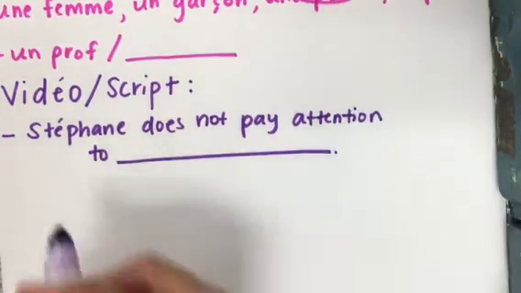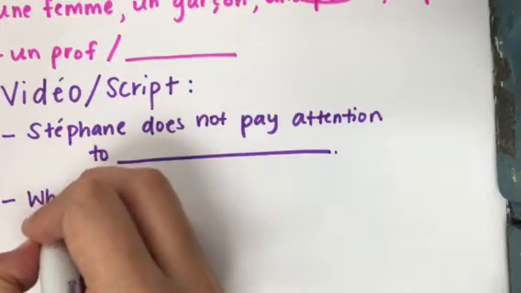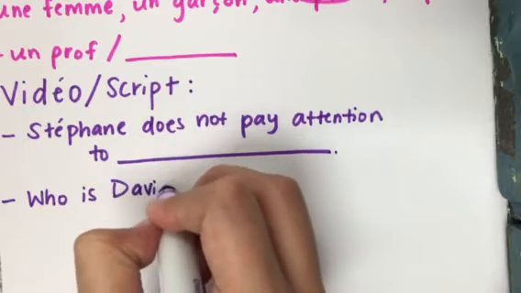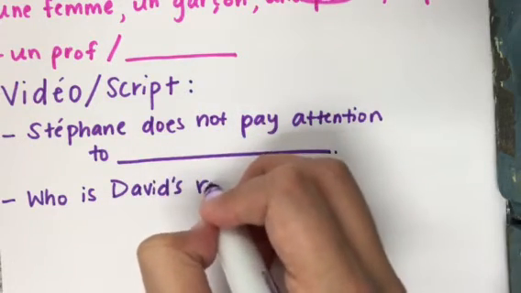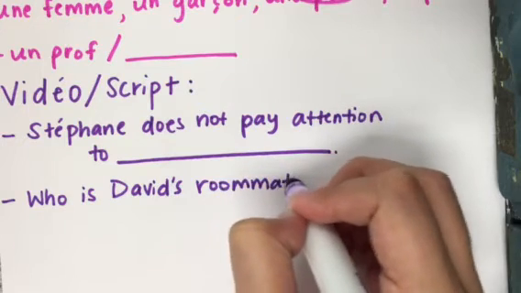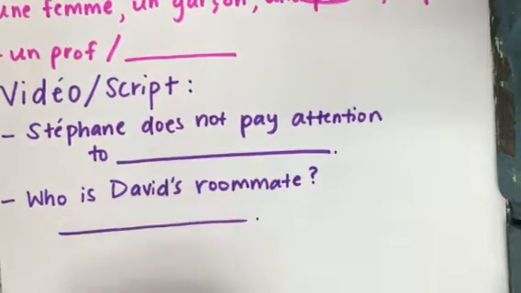Make sure you look back for that. And then the other one is, who is David's roommate? Easy.